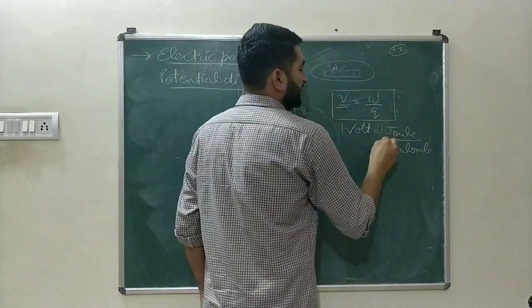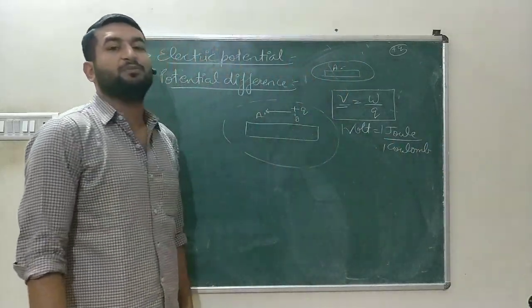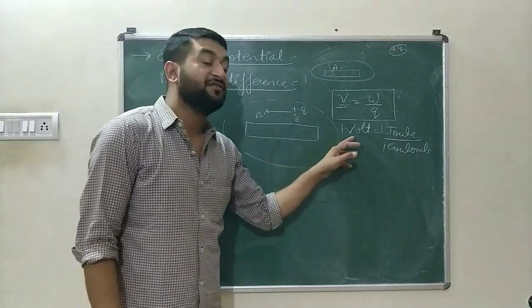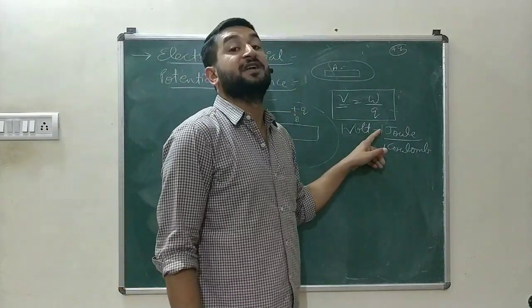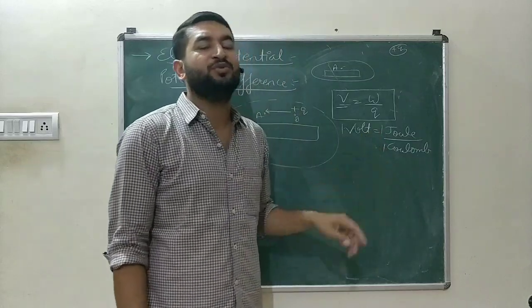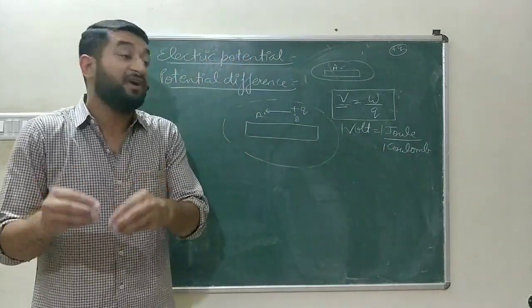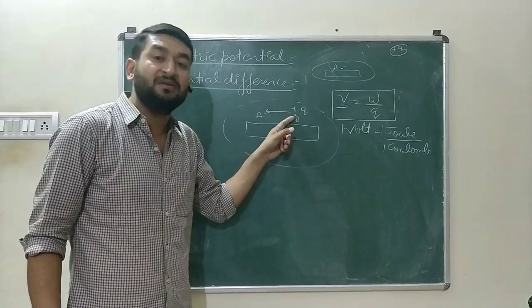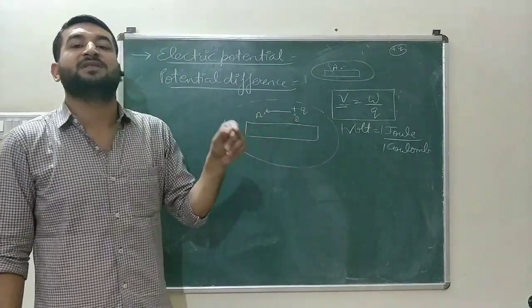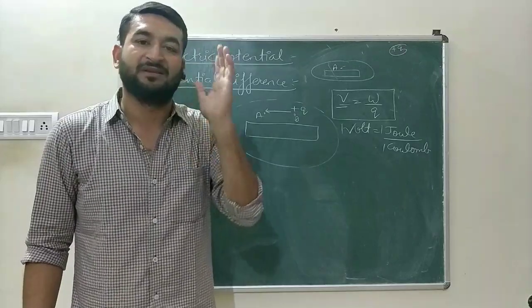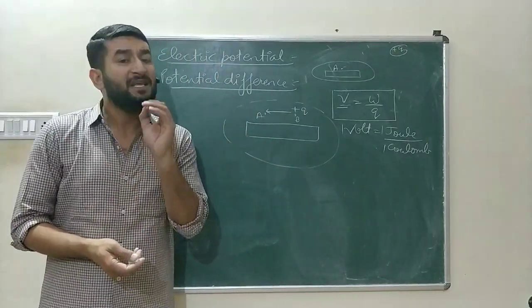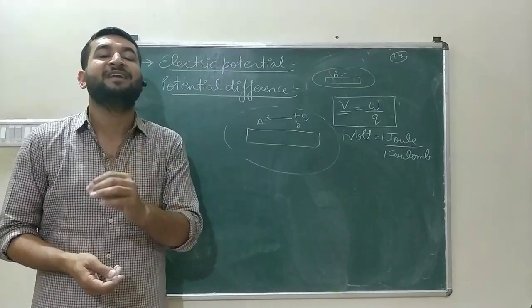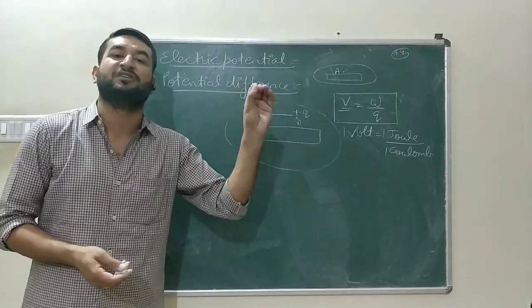If both are 1, they also become unity. So the potential difference is said to be 1 volt if 1 joule of work is done in bringing 1 coulomb unit positive charge from one point in the electric field to another point in the same electric field. That is known as potential difference. A very important question for your board exam: define 1 volt of potential difference.